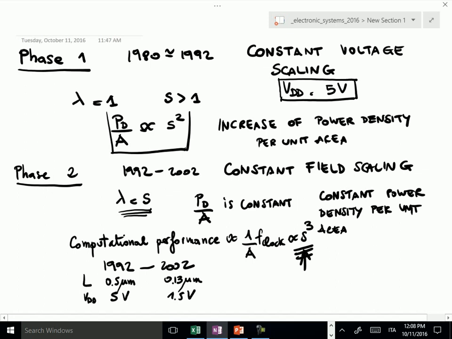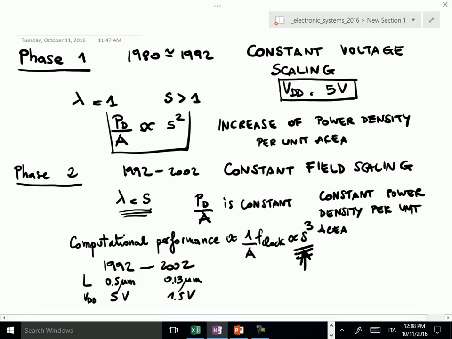But of course, this time ended because there was a problem at the end, and there were actually two related problems, again related to power consumption. And what happened is that the static power consumption, which was negligible up to this date, became really relevant. What are the main issues? One is this one.